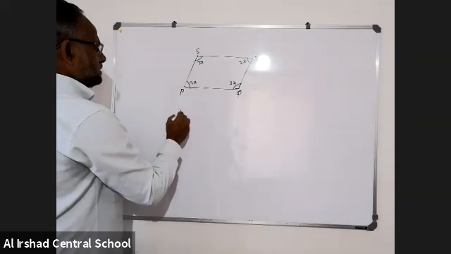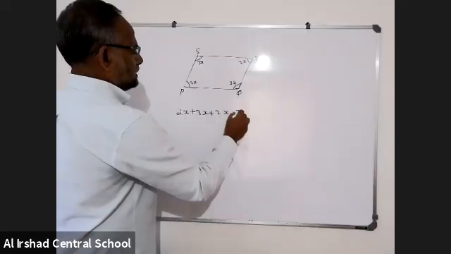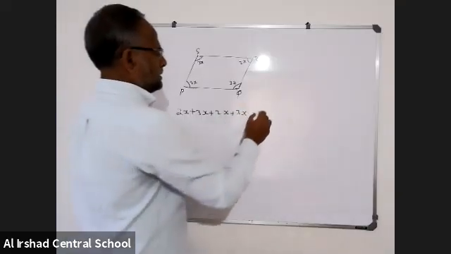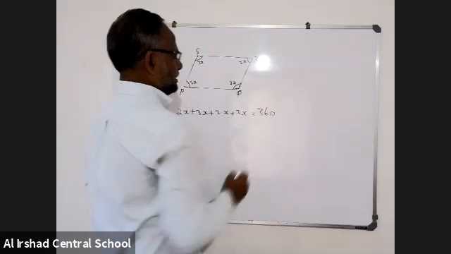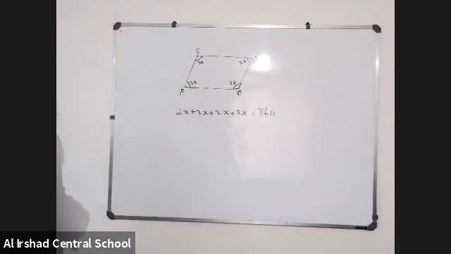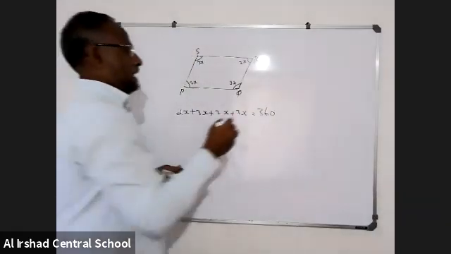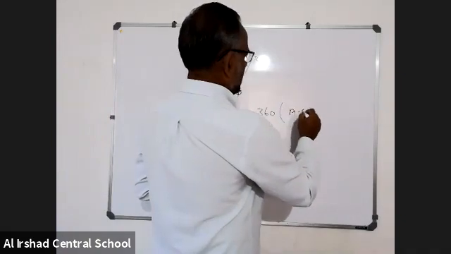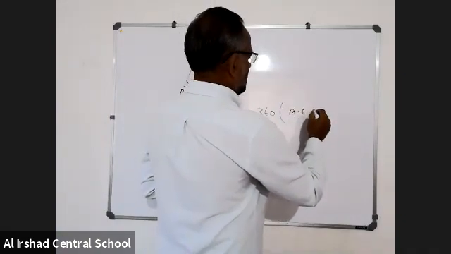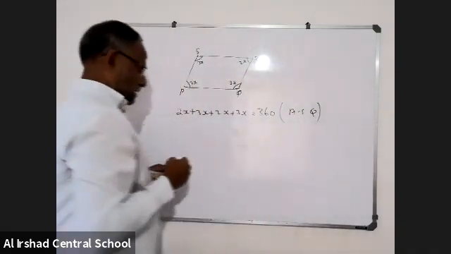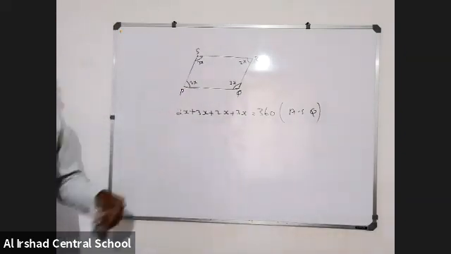That means 2x plus 3x plus 2x plus 3x is equal to 360 degrees. Add all angles. Angle sum property of a quadrilateral. All of you write this one.